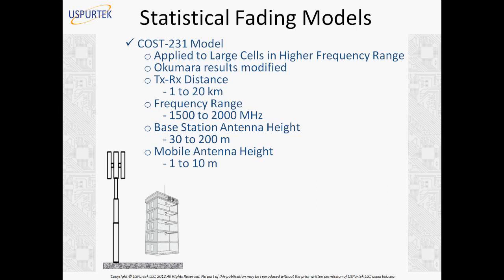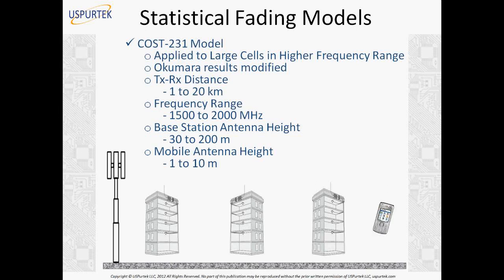Now next comes the COST 231 model, which also has a very good practical application. But how is it different from the Hata model? Well, it's again based on the Okumura model, but they modify the results to come out with the frequency range up to 2000 megahertz. It's 1500 to 2000 megahertz.